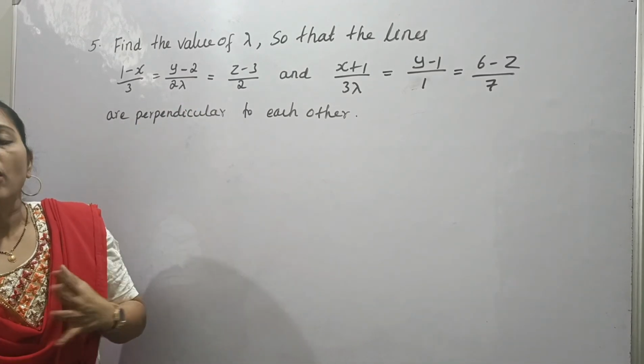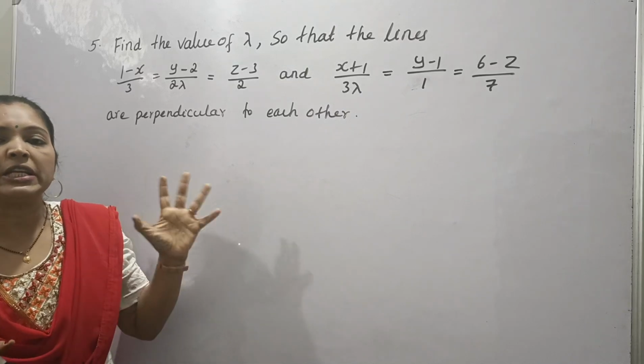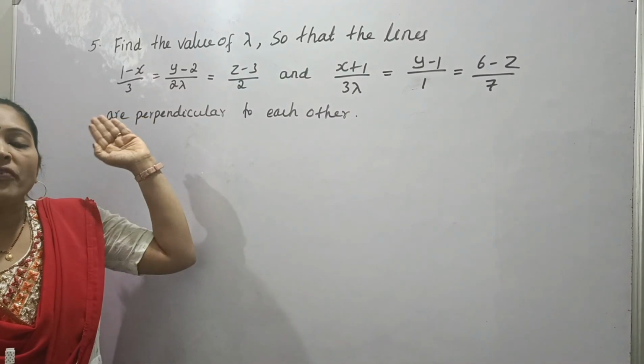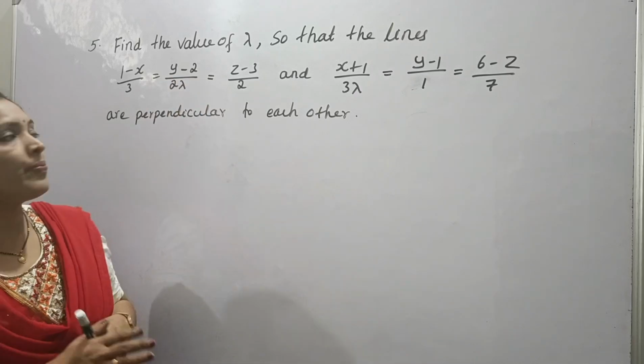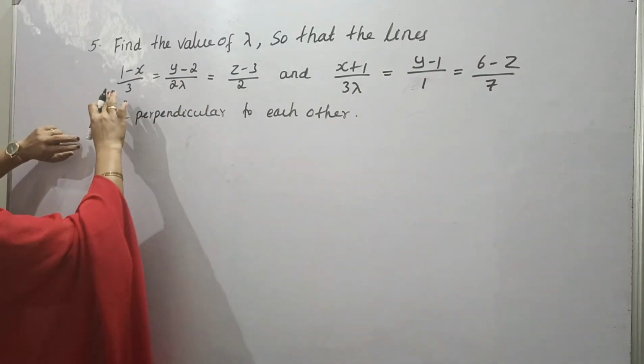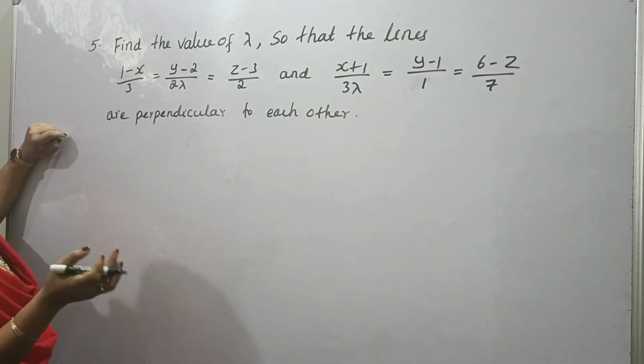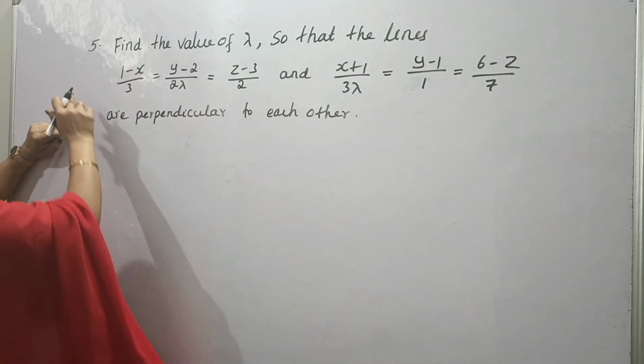Okay, so here also first of all we have to check whether the given equations are in standard form. Here the equations of the two lines are in Cartesian form. So let's write them in standard form x minus x1, so it should be in the form of x minus x1. Therefore we have to take minus outside.